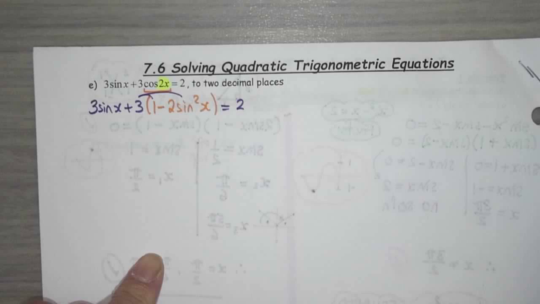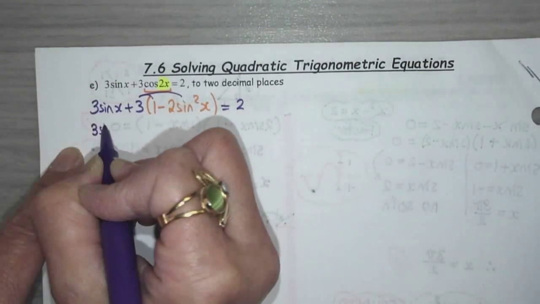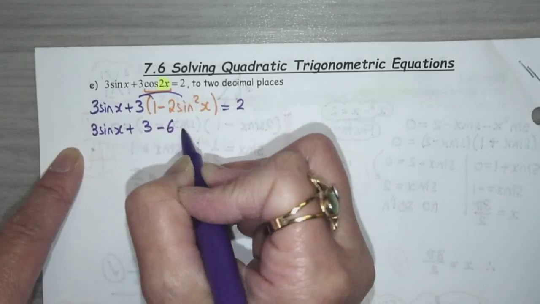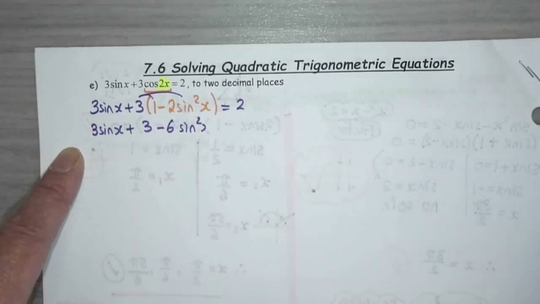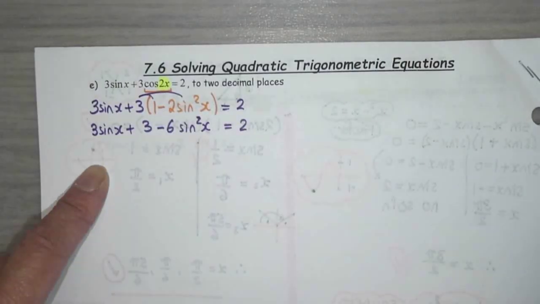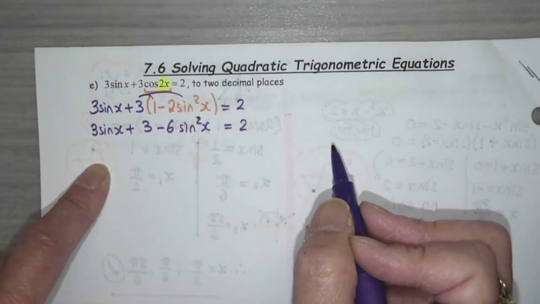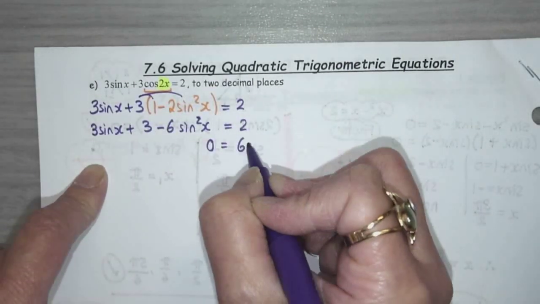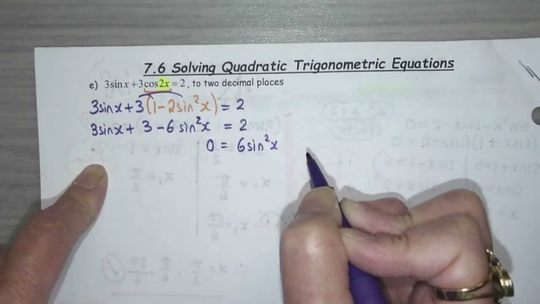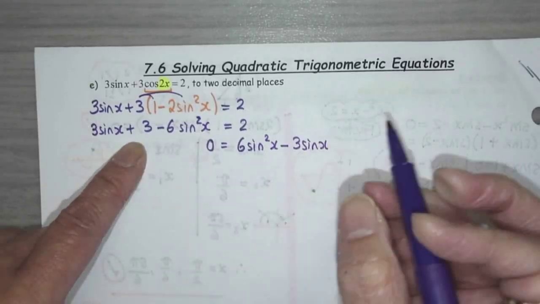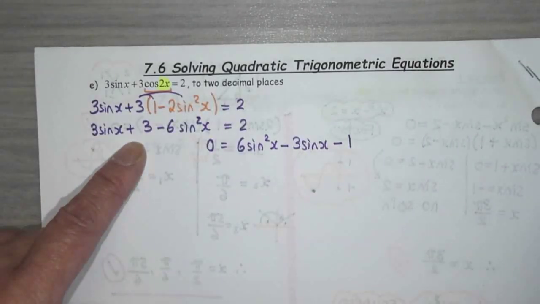We're going to get 3 sine x plus 3 minus 6 sine squared x equals 2. Then I'm going to bring everything to the right side. So 0 equals 6 sine squared x minus 3 sine x. Bring the 3 over, minus 1.